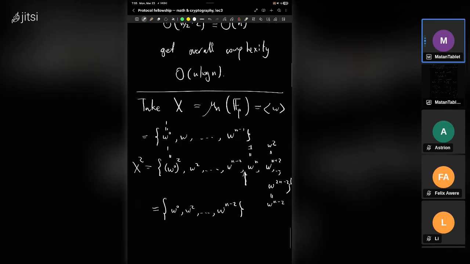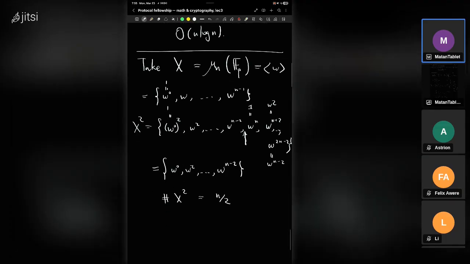This is a set of size n over 2. Moreover, I take any element in this set X squared, let's say W^(2k), and I raise it to the power of n over 2.